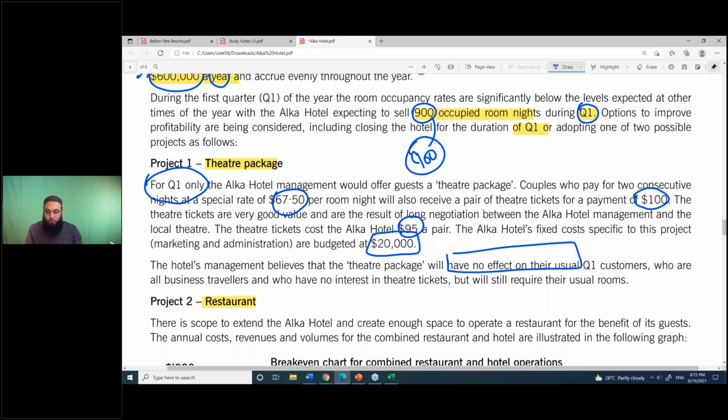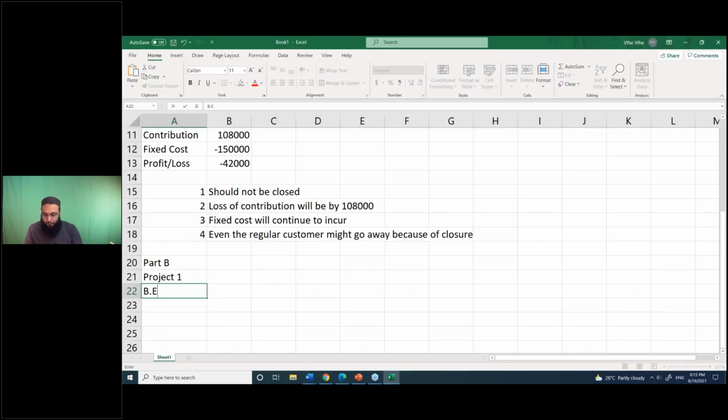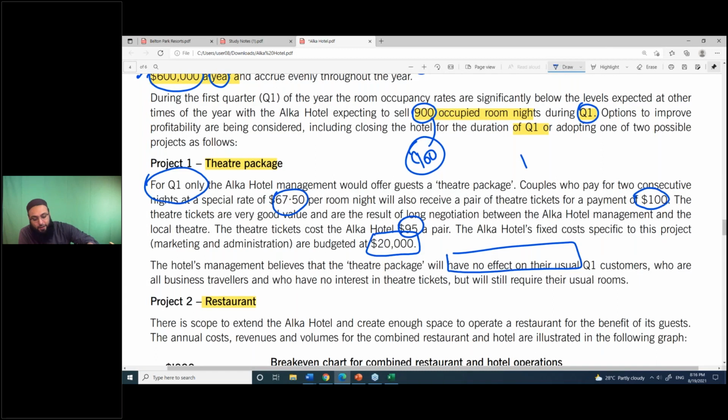So for break even, what I need, break even sales, I need fixed cost divided by CS ratio. So the formula of break even sales is fixed cost divided by CS ratio.